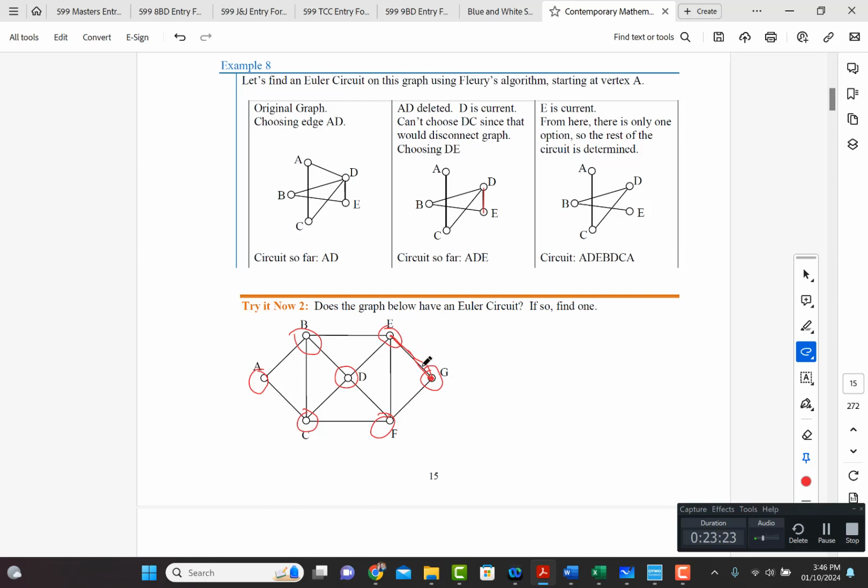We're using it once, so we'll delete it. Now we're at E, right? So we can either go here or we can go here. Does going either route affect the connectivity of the graph? So we got 3, actually. EB, ED, and EF.